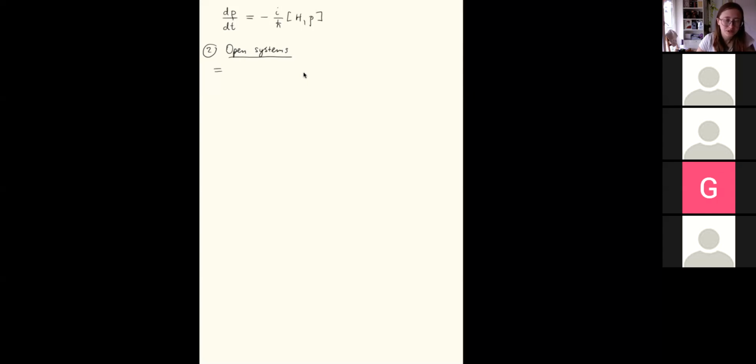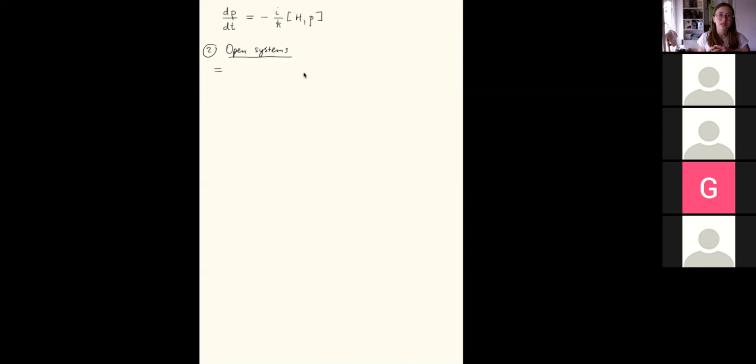sometimes we need to consider systems which can interact with the environment, but then for some reason, for example, the Hamiltonian for the joint system of the target system and the environment is too big, or for some reason we don't know exactly how it looks, or usually the environment is much bigger than the target system, and we don't want to get mingled with calculating that.